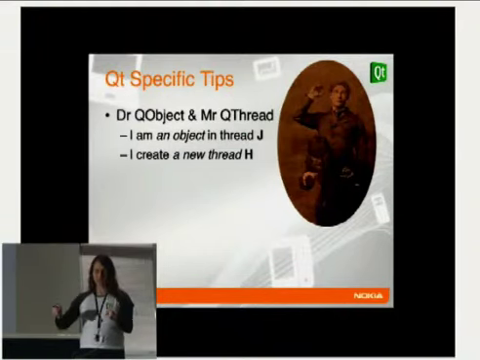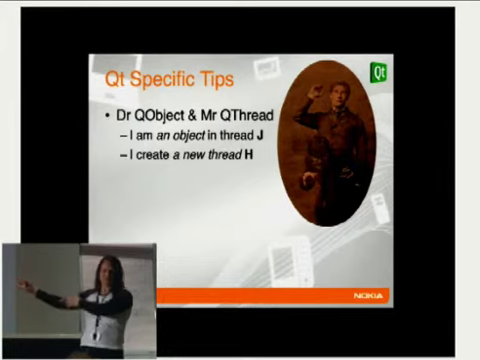And, well, I create some thread myself, but I'm also an object receiving signals and handling them in my slots. So this got very confusing, and you would see people writing code like moveToThread(this), trying to get this guy under control.